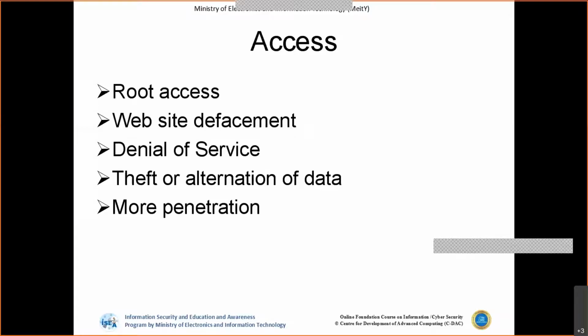We may get direct root access, or there may be chances of website defacements, and there may be a probability of denial of service attacks. Recently, we have seen one or two organizations where a lot of traffic was pumped onto them, around 50 to 60 GB of data per second.